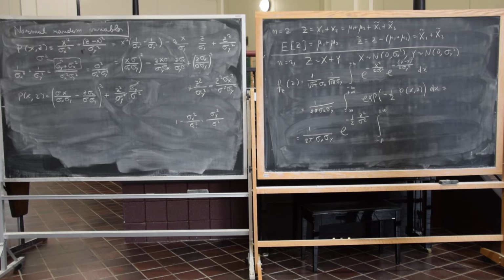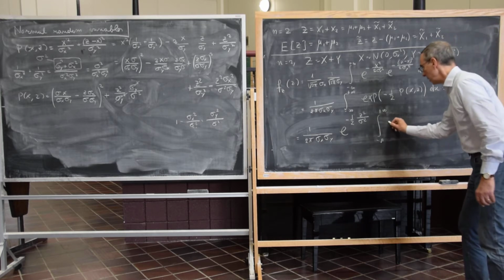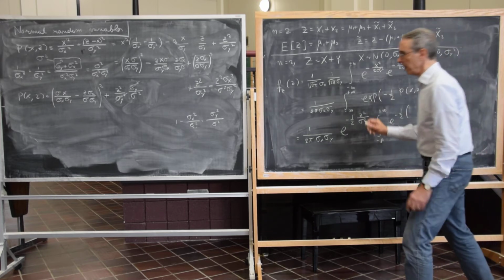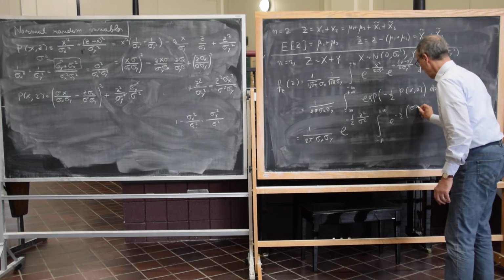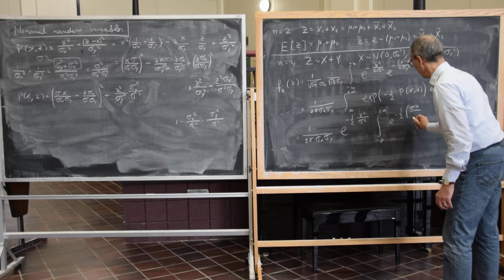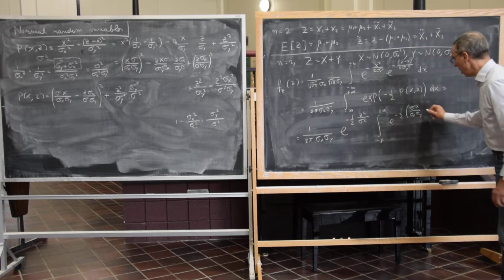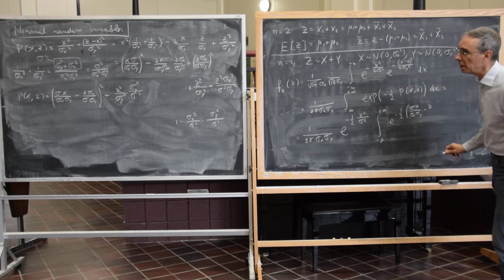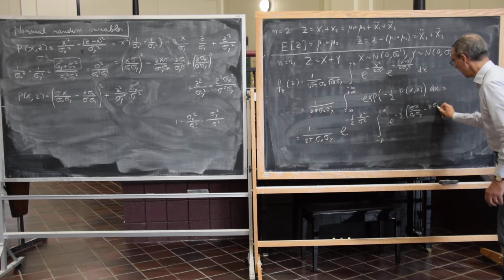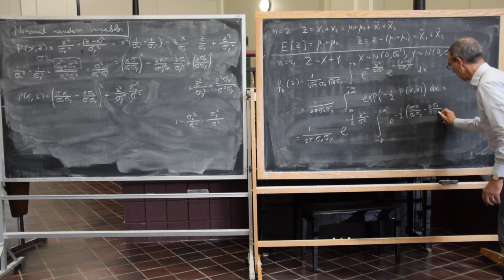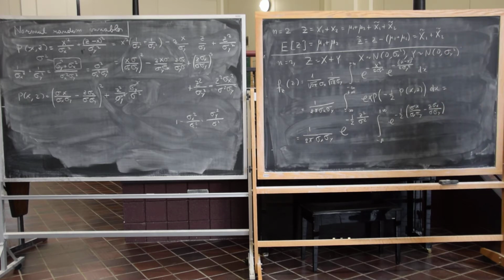The integral is e to the minus 1/2 of this whole mess here. This whole mess is sigma x divided by sigma x sigma y, minus z sigma x divided by sigma y, dx.